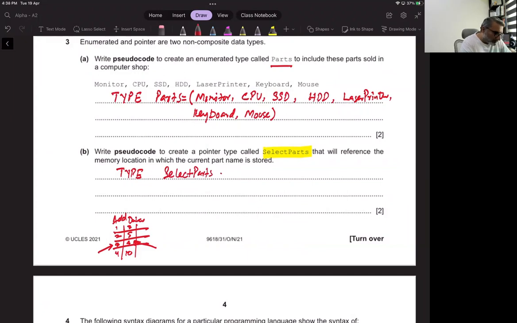Select parts is equal to location of, this cap is basically used for location of parts type. Okay, so select parts is equal to location of parts, this type.